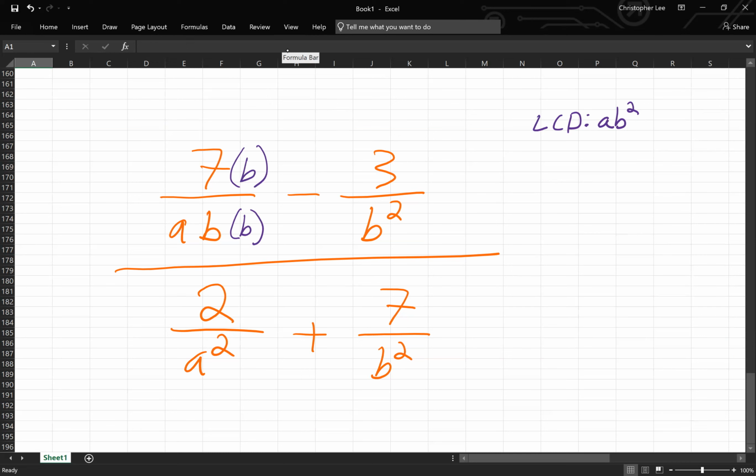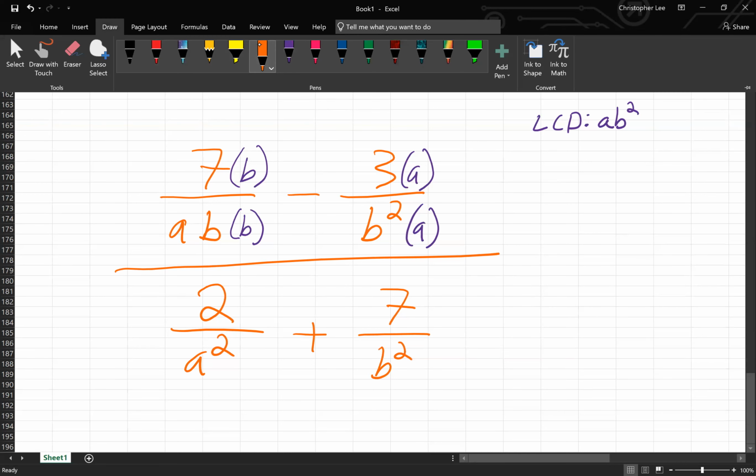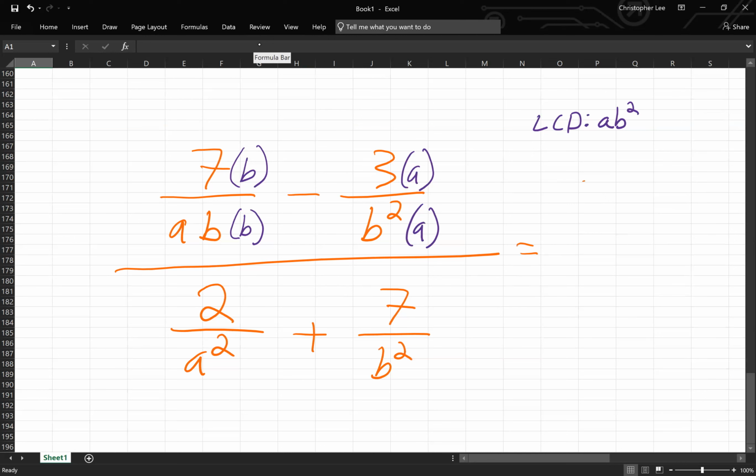Over here, I have B squared, so I'm missing what? A, right? So I multiply this by A, but what I do to the bottom, I do to the top. Because there's two B's, B squared is the LCD, so it's missing just one little B. So let's put this all together. I have 7B minus 3A over AB squared.